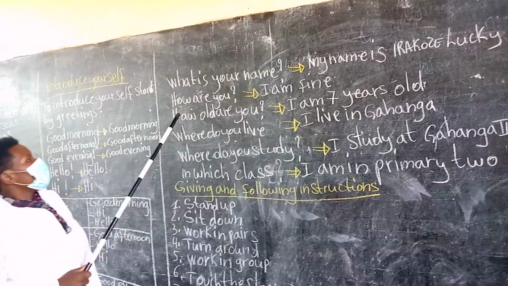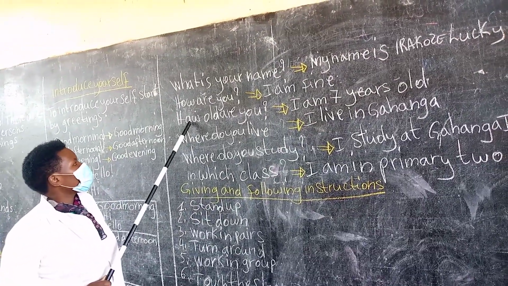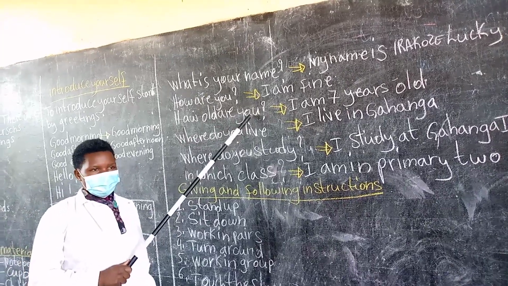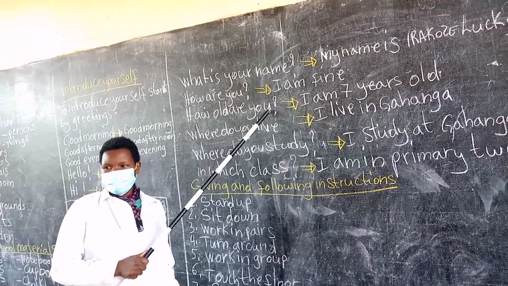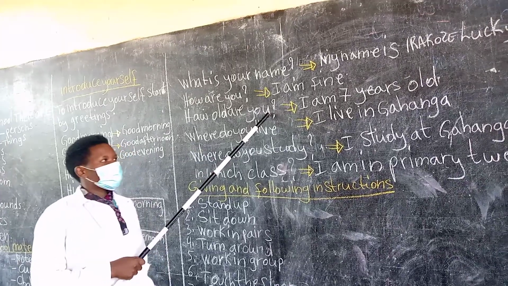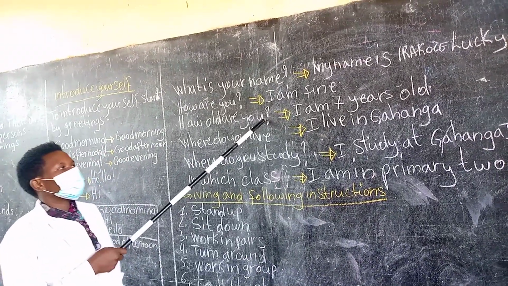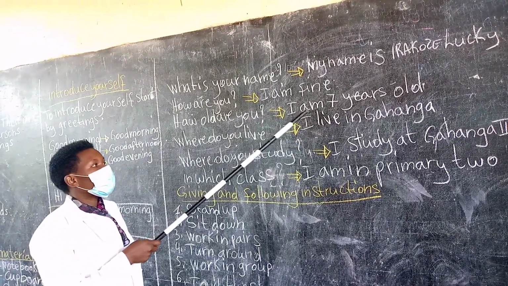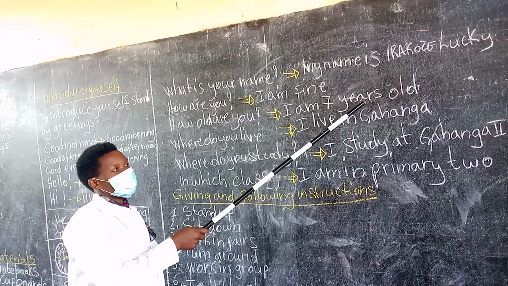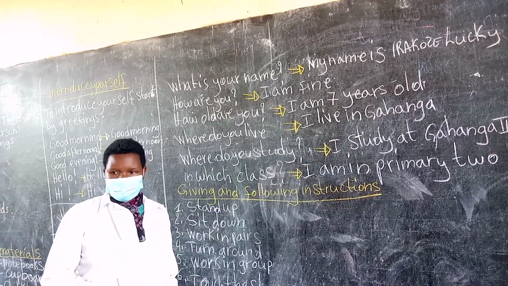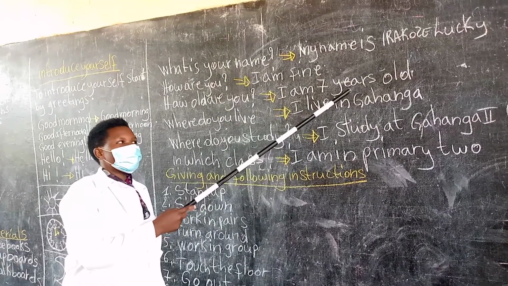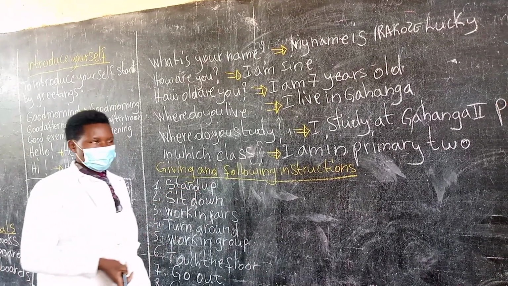The other question is, how old are you? That child or that learner can answer, I am 7 years old.